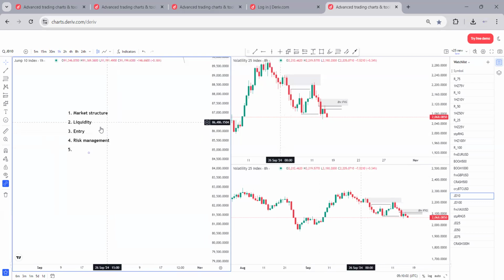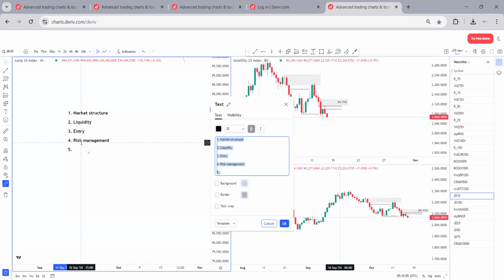So let me put imbalances right at the risk management side, or what some people will call fair value gaps. All right, so fair value gaps / imbalances.